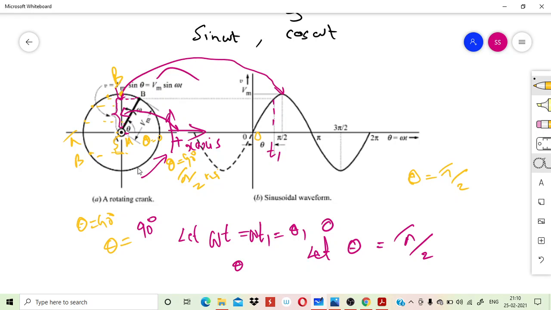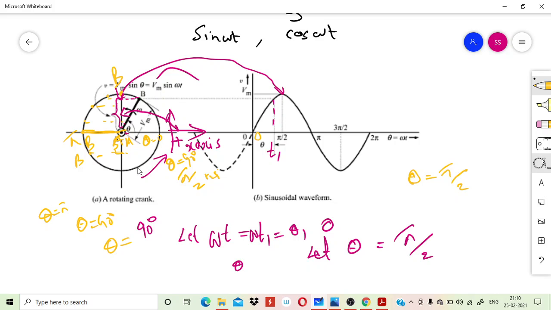So the phasor at theta equal to pi will be like this: B, A, B, like this.